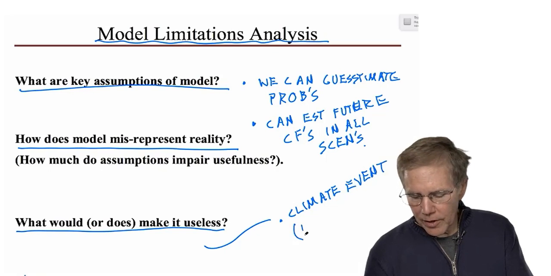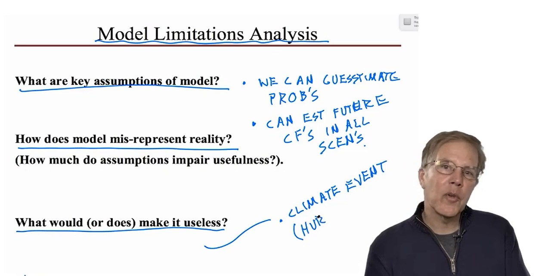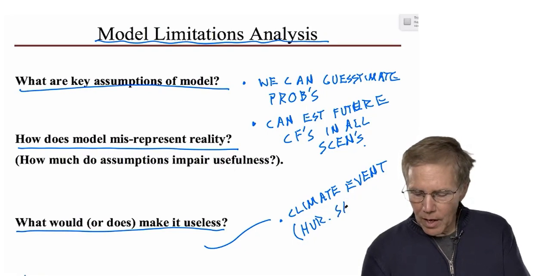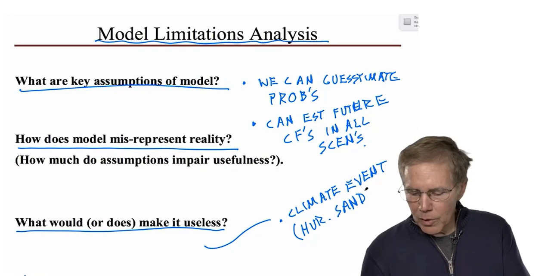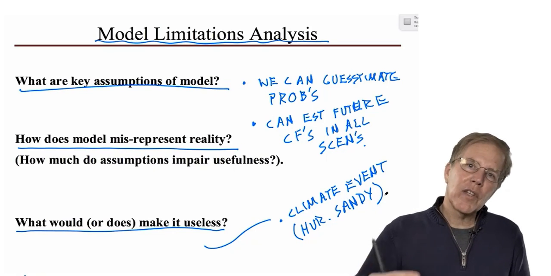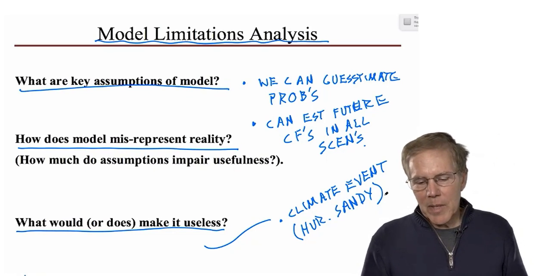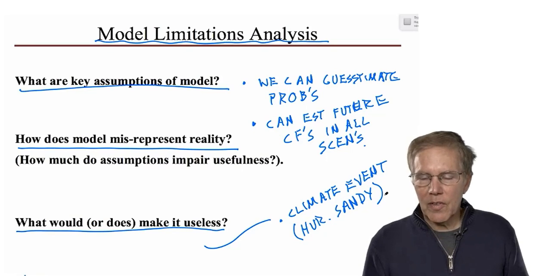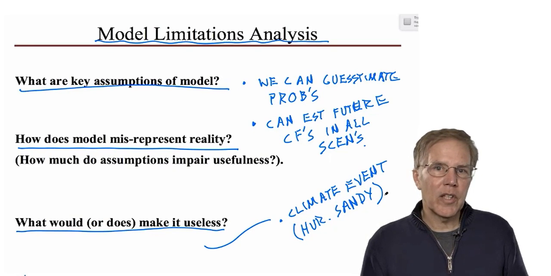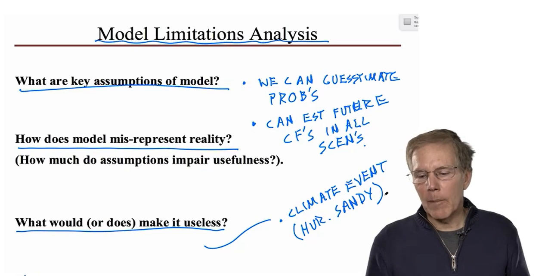Event, something like Hurricane Sandy. We've been talking about New York. Hurricane Sandy created enormous devastation in New York, something like that. So you want to ask these questions and just make sure that you understand how the answers to these questions are limiting your model's effectiveness and applicability.